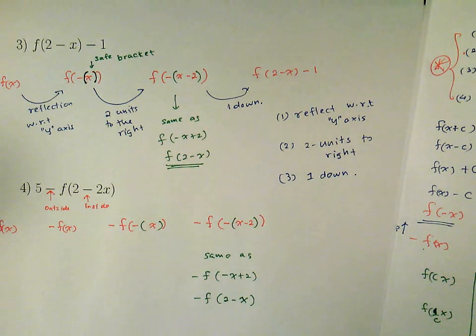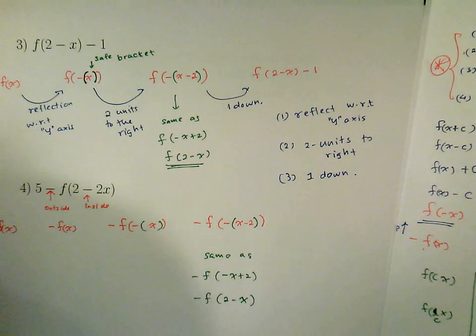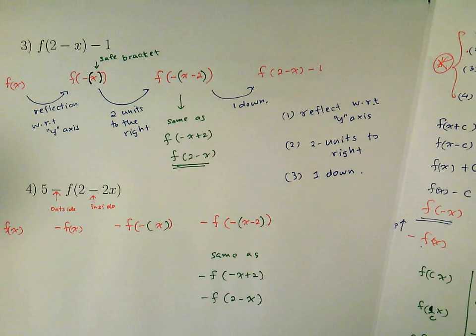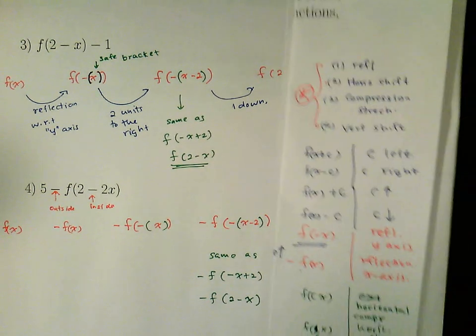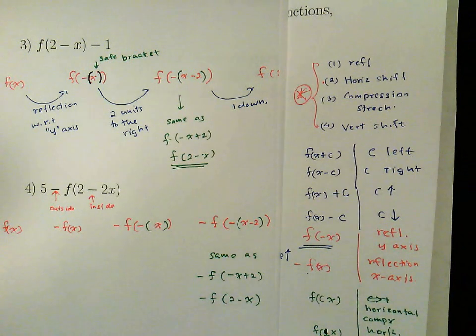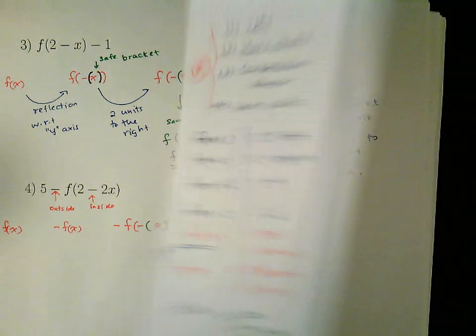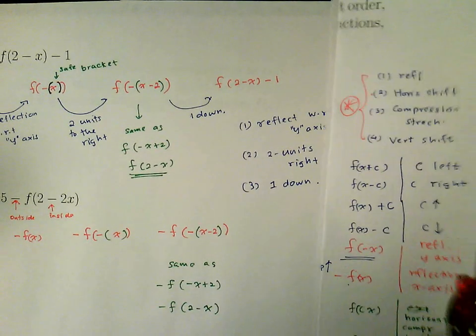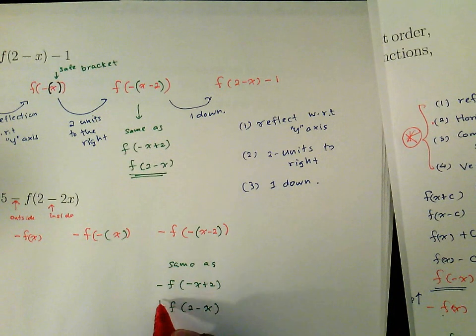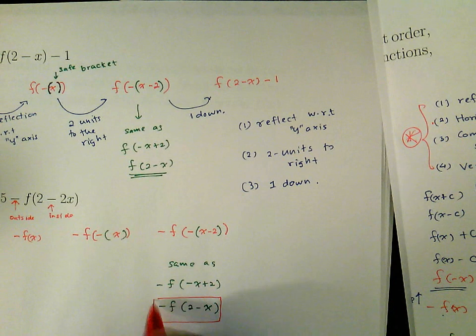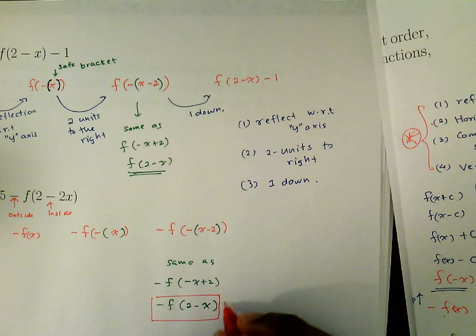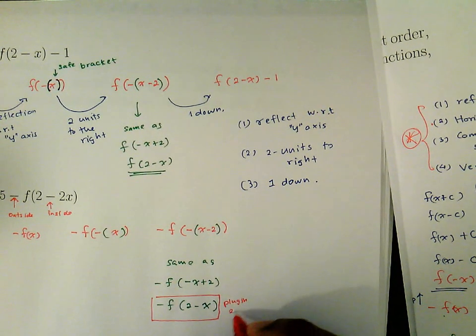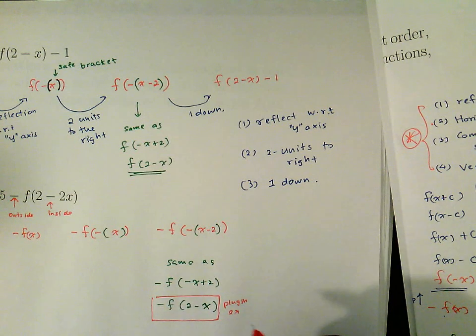Okay, now we can just do the horizontal compression, and that would be just do 2x. So whenever you see x, you would put 2x. Now I'm using this function because that's what makes more sense, and plug in 2x, which means you would put 2x here.